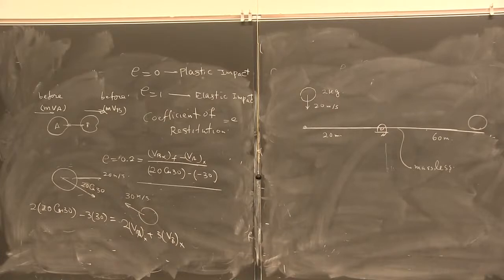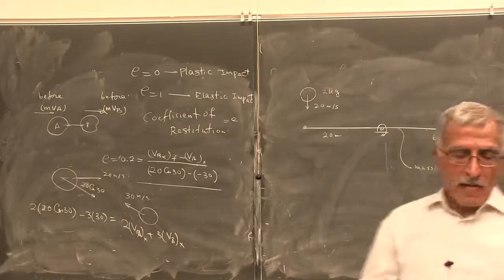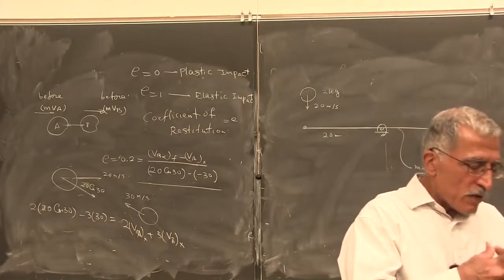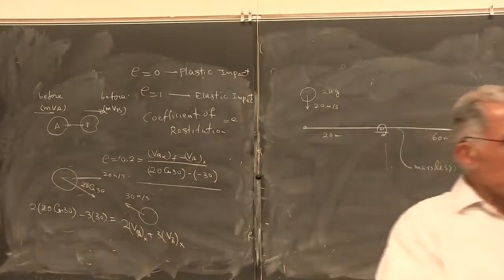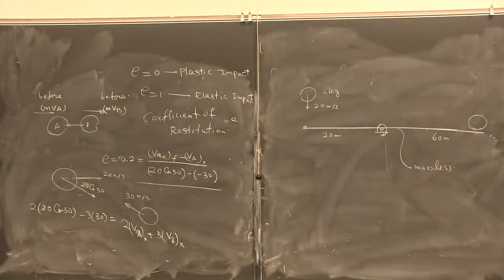It is given to you that somebody, using high-speed photography, finds out what is happening during that impact, what is the duration of impact, and then based on that, they can calculate the coefficient of restitution. So E should be given to you. If you have a collision which is completely plastic, then you will get hugging and they don't get separated. But if it is elastic, you get completely separated, no deformation. And in between, E should be given to you.